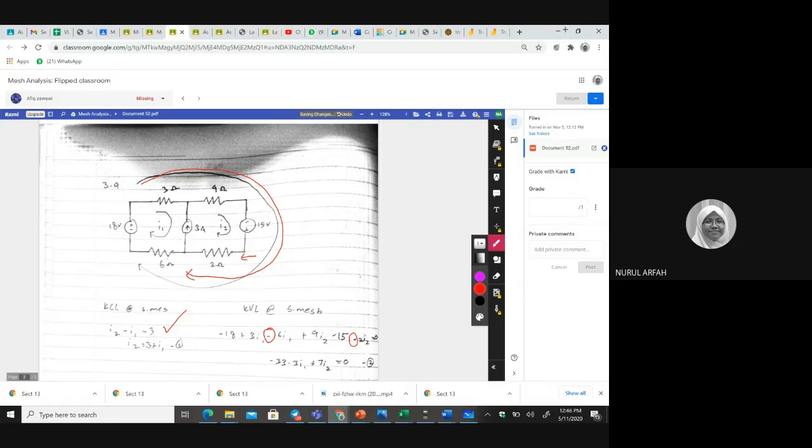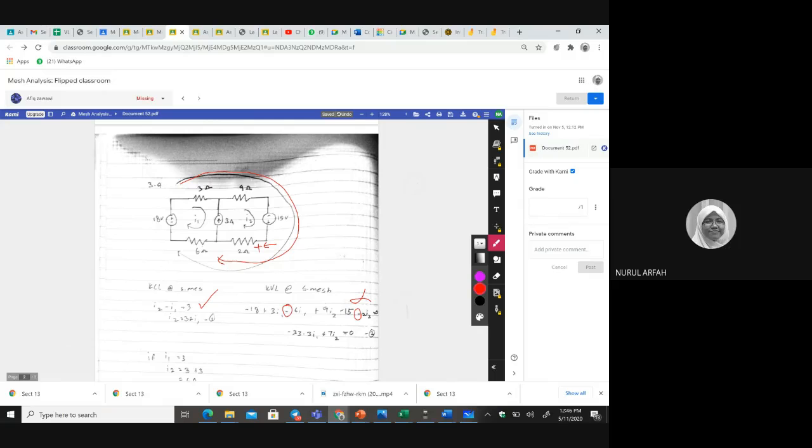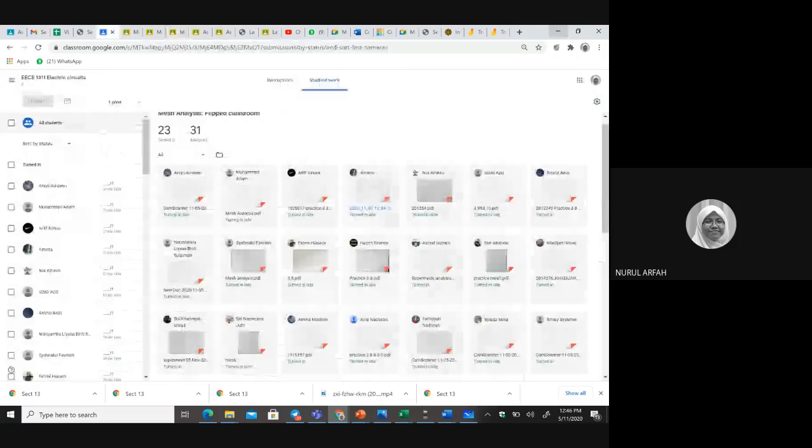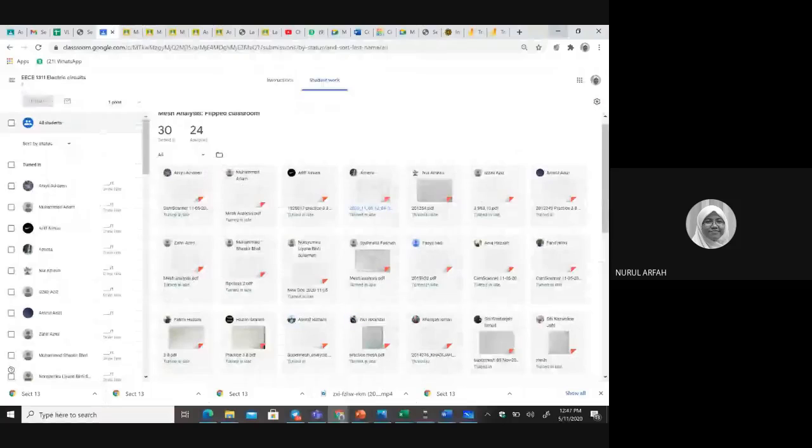This one going into this 2 ohms. 2 ohms is passive element. So you should have plus there. So ini je lah yang salah. Okay, madam. Okay.